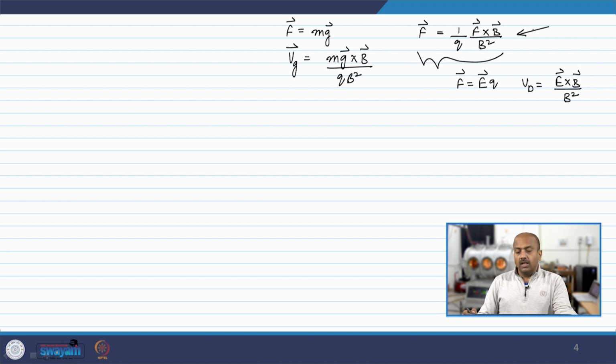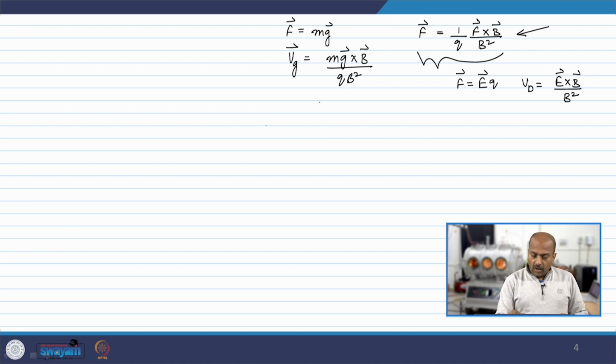That means the direction of force will be in one direction for positive ions and in another direction for the electrons, right. But when you bring in a force like gravitational pull, the expression seems to be dependent on the mass as well as the charge, right.